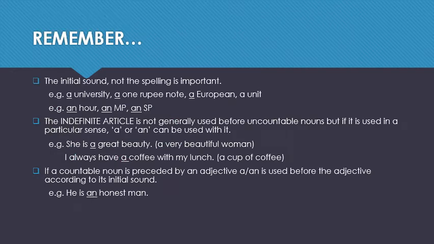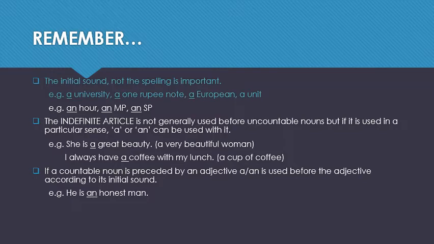Now remember, the initial sound, not the spelling, is important. I'm repeating myself. The sound, not the spelling. Like university. With university, we're going to use a university, a 1 rupee note, a European, a unit.